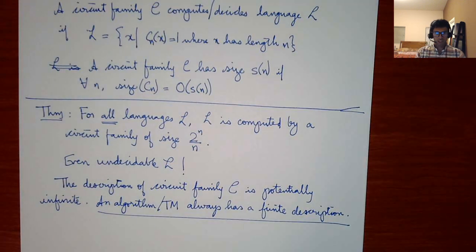A circuit only tells you how to deal with inputs of a fixed size. Right. So you have to now describe how to deal with inputs of all possible sizes, which is now going to lead to an infinite description. It's a very important point here.